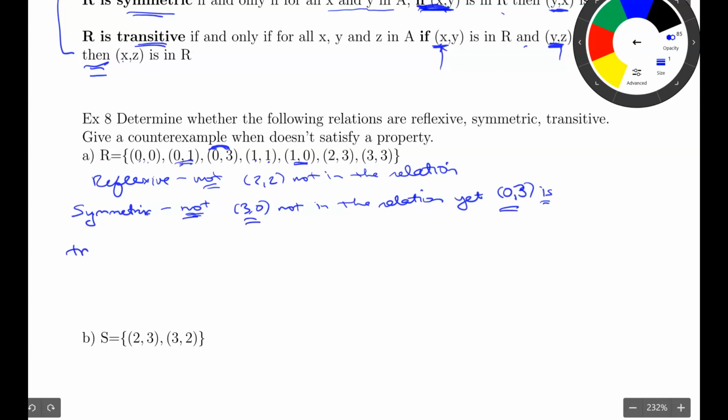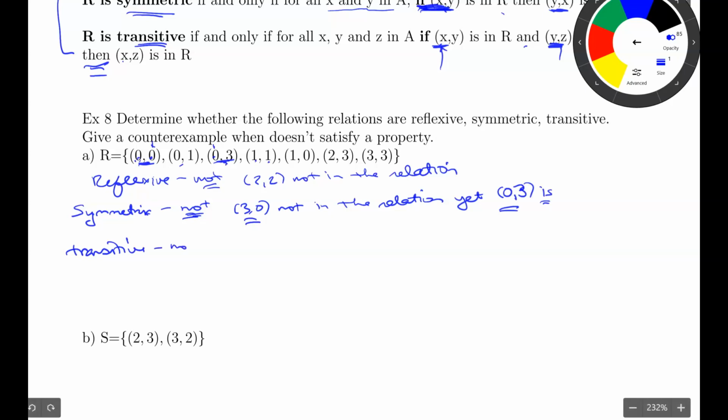Okay, so let's look to see if it's transitive. This one takes a little bit more work. So let me get rid of my underlining things here. Okay, so let's start with 0, 0. If 0, 0 is in there, and then 0, 3 is in there, right? This same 0 to this same 3, I should have 0, 3 in here.